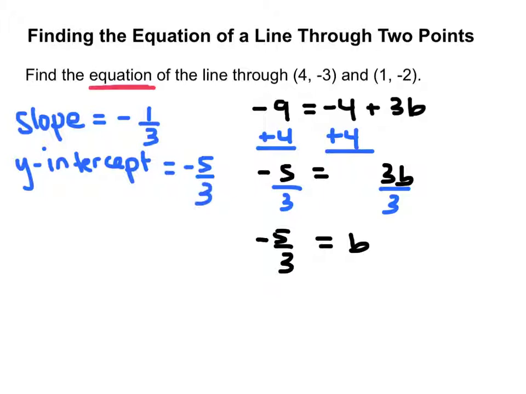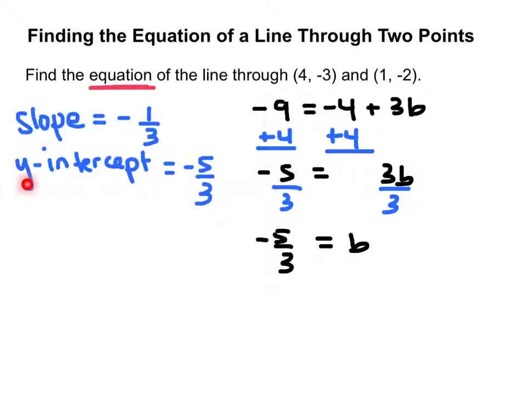I remember that the problem is asking me to find the equation of the line. So we have all of our parts, slope and y-intercept. So now the final item to answer is actually writing the equation.